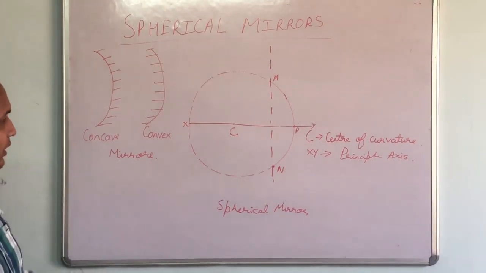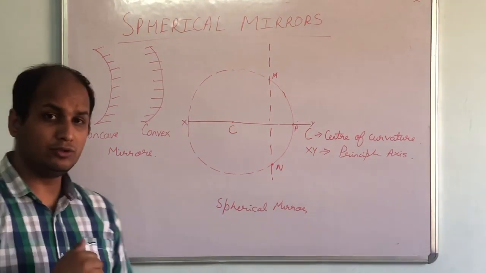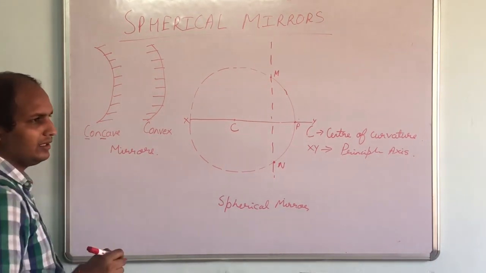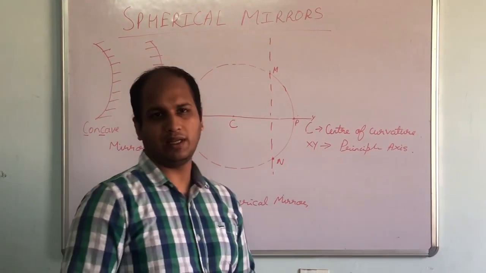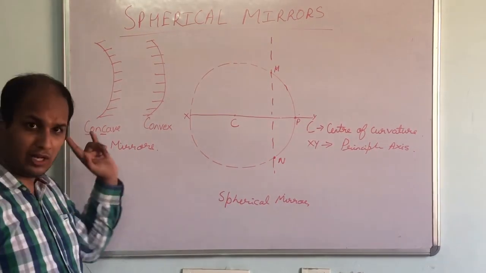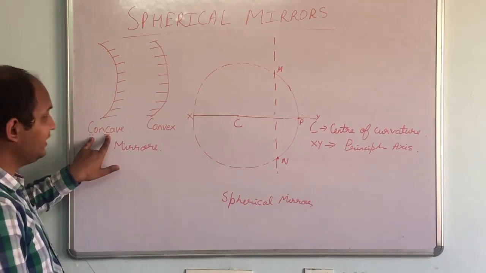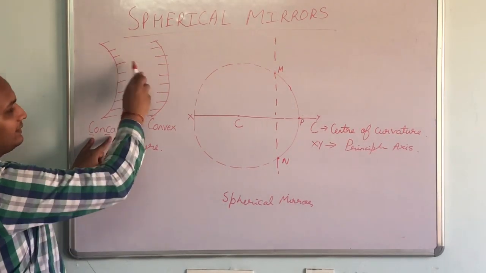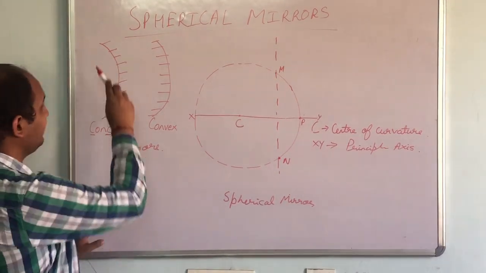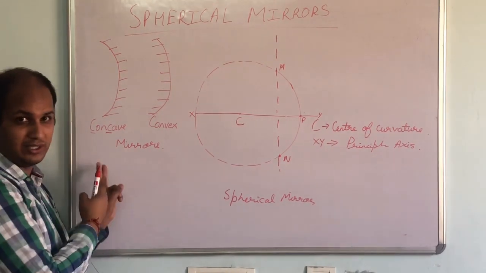Okay. Now, how to remember this? It's a very easy concept. How I used to do it. See this, there are two C's here. Let's suppose C stands for 'do shaitan bache' (two naughty kids), right? So I'm using Hindi right now in order to have a better understanding of this concept. If two naughty kids are sitting in class, where will they go? Outside the class, right? So I have shaded outside. So this kind of mirror which has an outer shaded part is known as a concave mirror, two naughty kids, right?